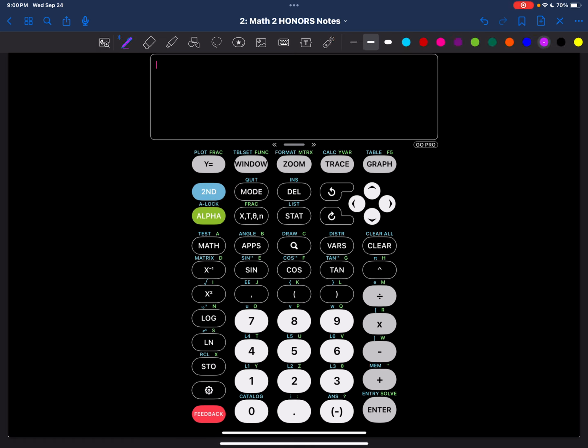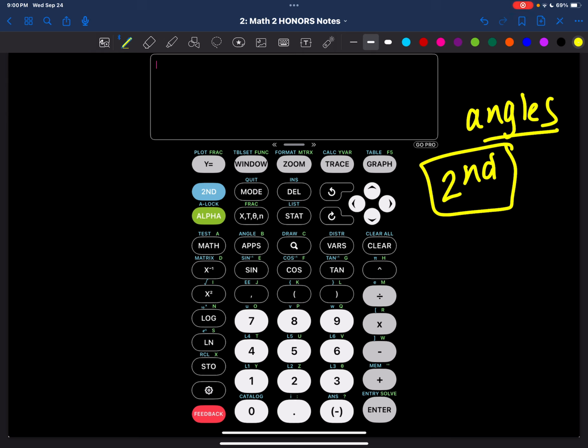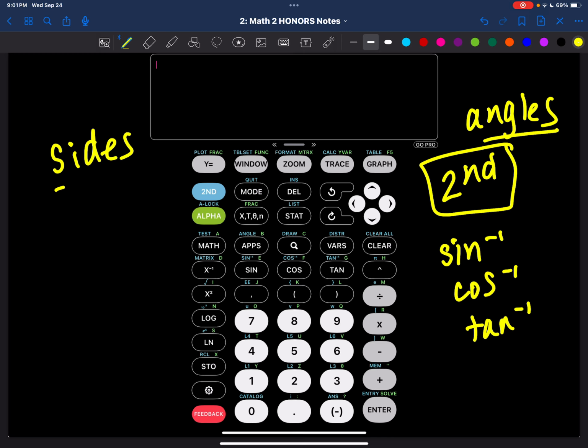To do inverse, you got to press the second button, and then that's going to be your sine, cosine, tangent. Okay, for sides, you're just going to do regular sine, cosine, tangent.